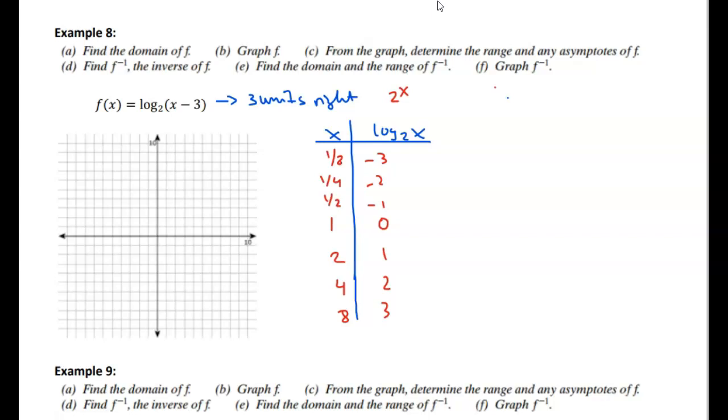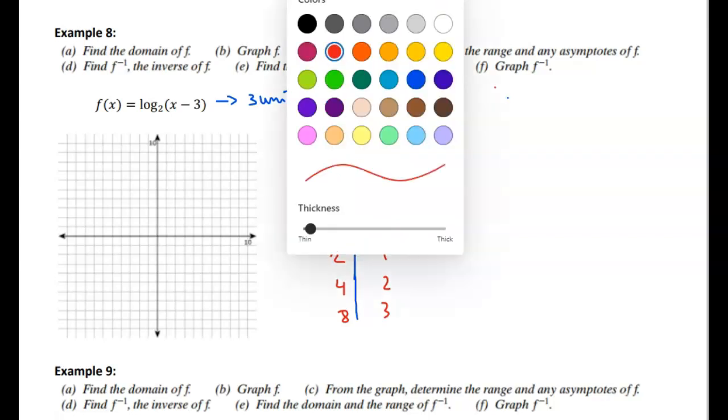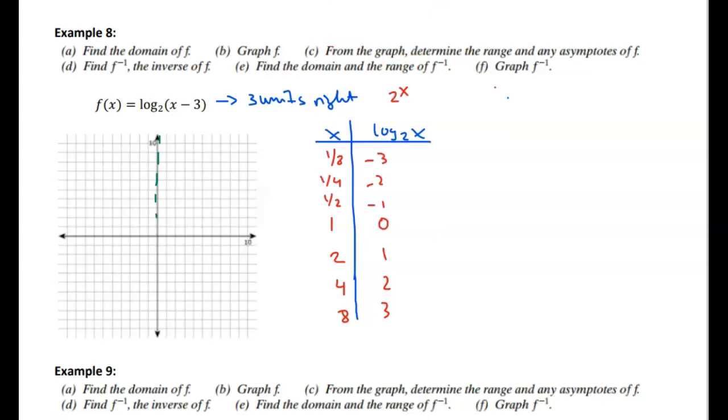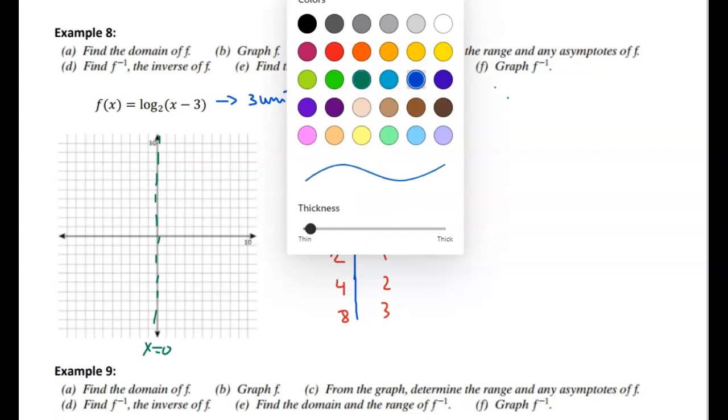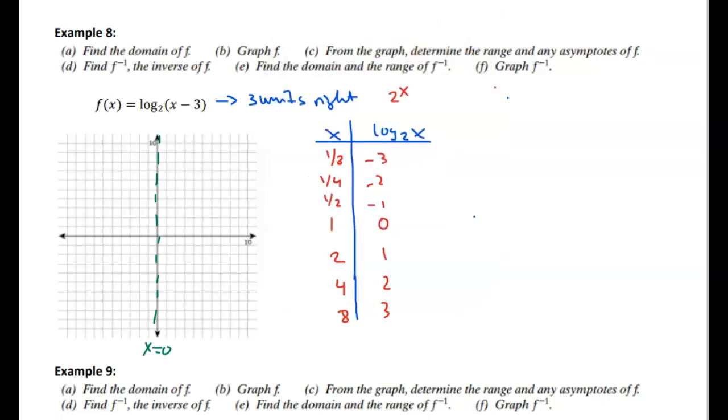We have a vertical asymptote at x equals 0. Then we graph 1, 0; 2, 1; 4, 2; 8, 3; and then fractions on this side. So this is log base 2.